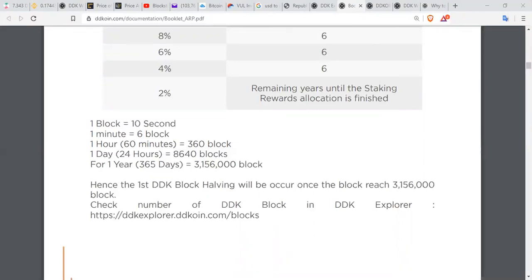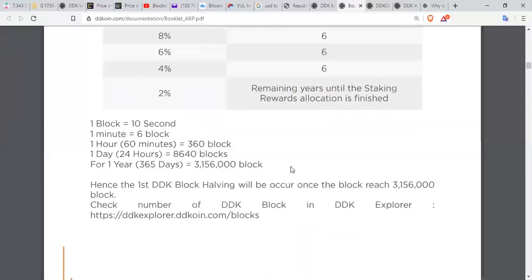2020. So, pag nangyari yon kasi we have 17.51% left of 3,153,600. So that would be more than 110 days to go bago mabawasan yung 10% at magiging 8% na lang yung ating staking reward.